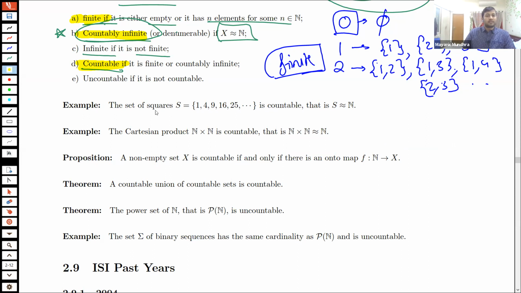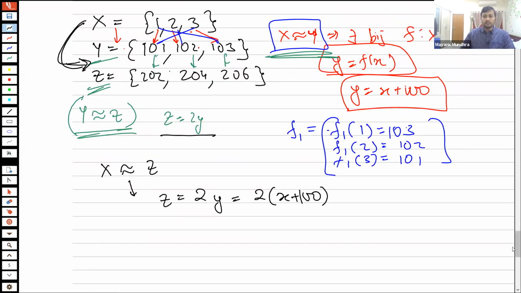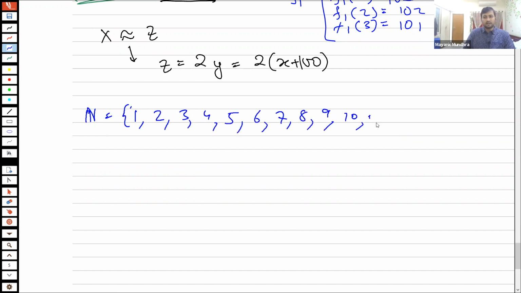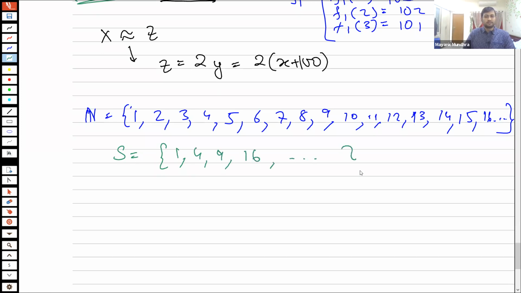So the first example is the set of squares. Herein came the interesting thing. So consider the set N, which is basically 1, 2, 3, 4, 5, 6, 7, 8, 9, 10, 11, 12, 13, 14, 15, 16, and so on. And consider the set S of perfect squares, which is 1, 4, 9, 16, and so on.